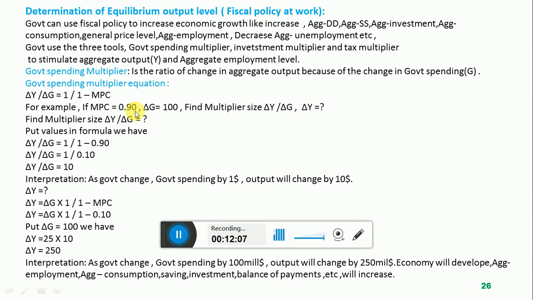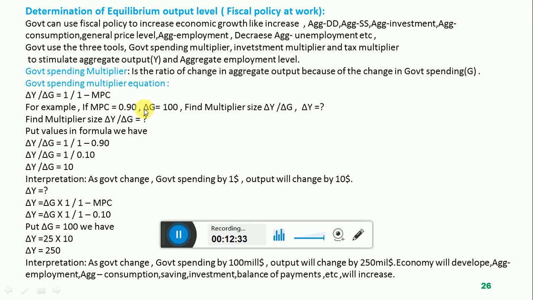It means if income changes by $1, out of that $1, $0.90 Afghan people are consuming and only $0.10 they are saving. So MPC means the marginal rate of consumption of the people out of $1.